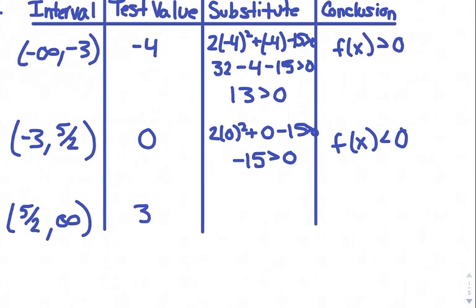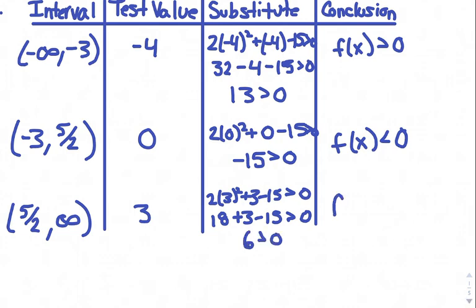My last one is 3, so 2 times 3 squared plus 3 minus 15 is greater than 0. 3 squared is 9, 9 times 2 is 18, plus 3 minus 15. 18 plus 3 minus 15 is 6. And 6 is greater than 0, so f of x is greater than 0.